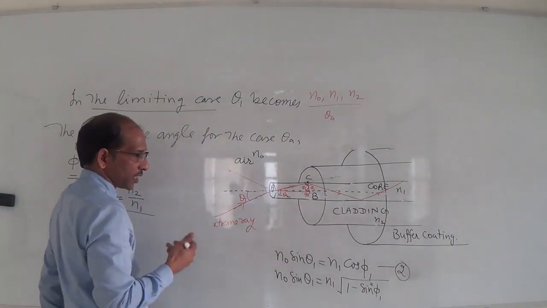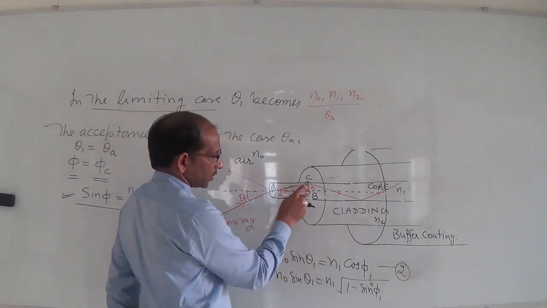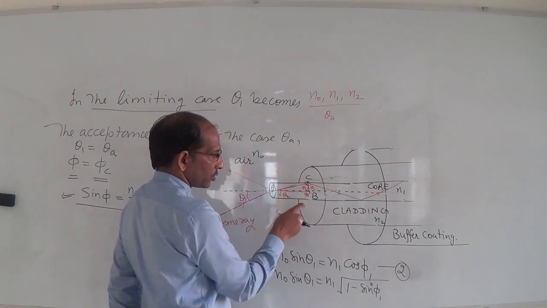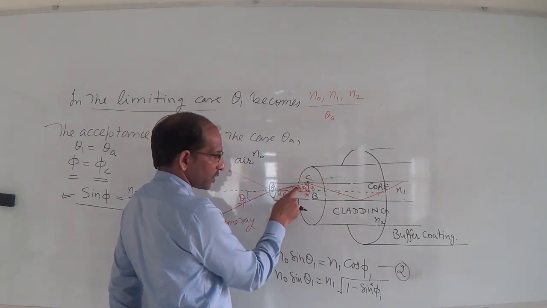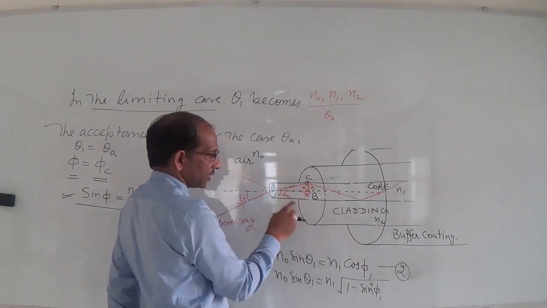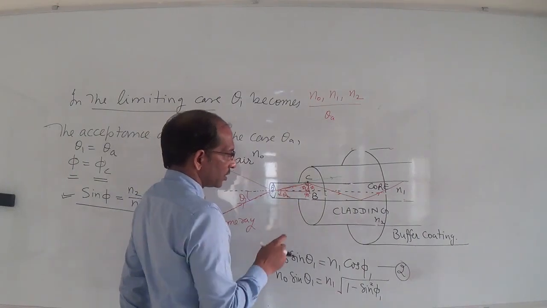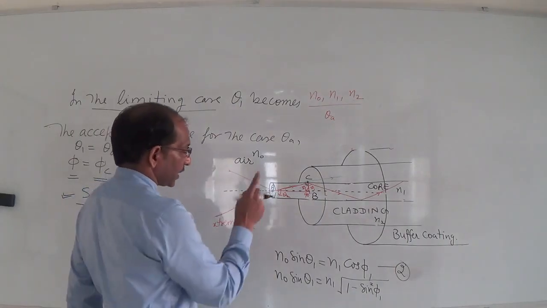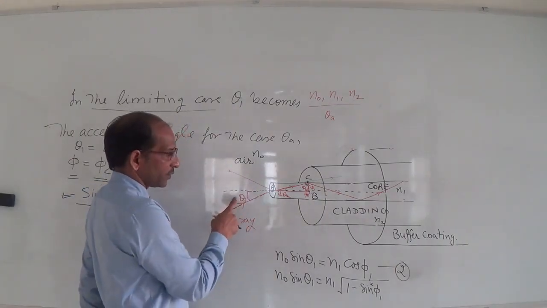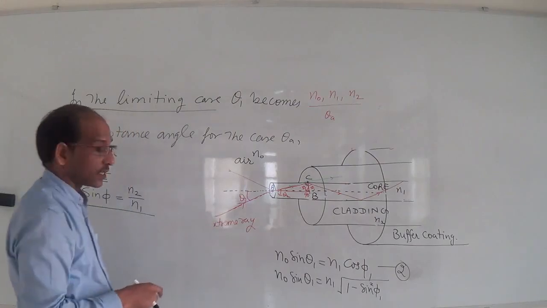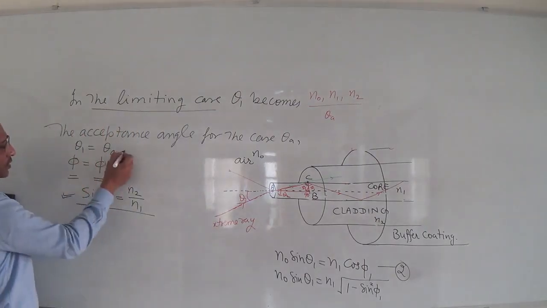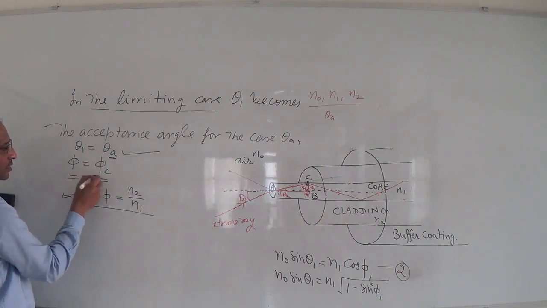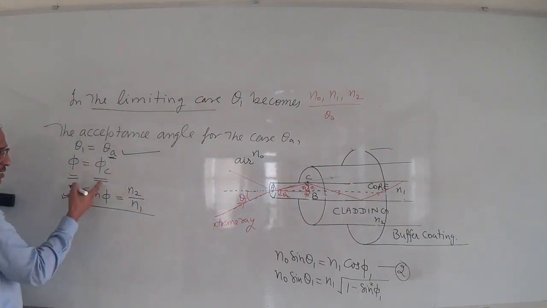This light ray gets reflected into the core only when this phi is equal to the critical angle or greater than the critical angle. Then that time this theta 1 will be the acceptance angle. So theta 1 is the acceptance angle theta A and phi is equal to phi c.